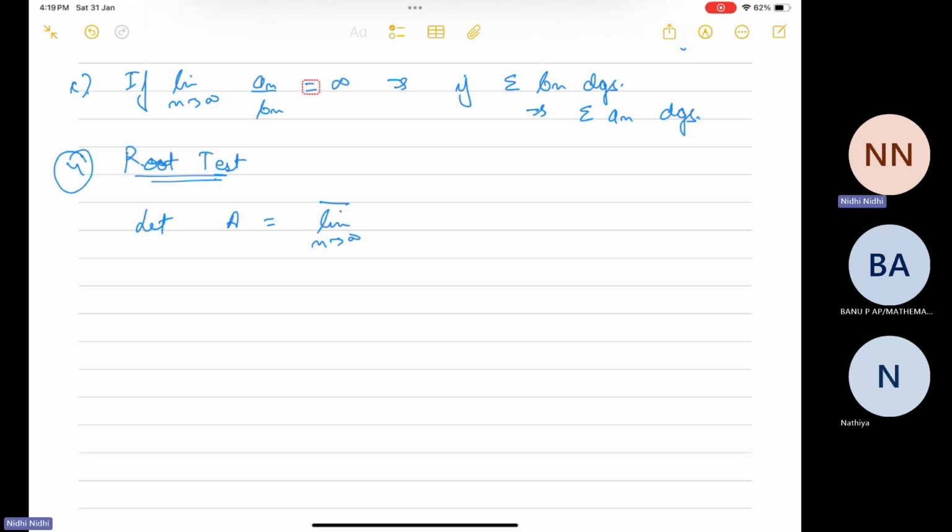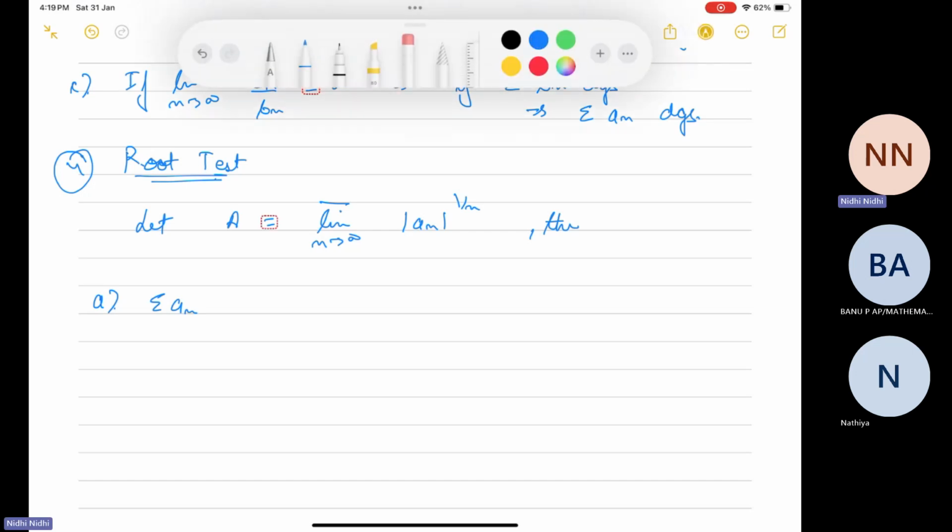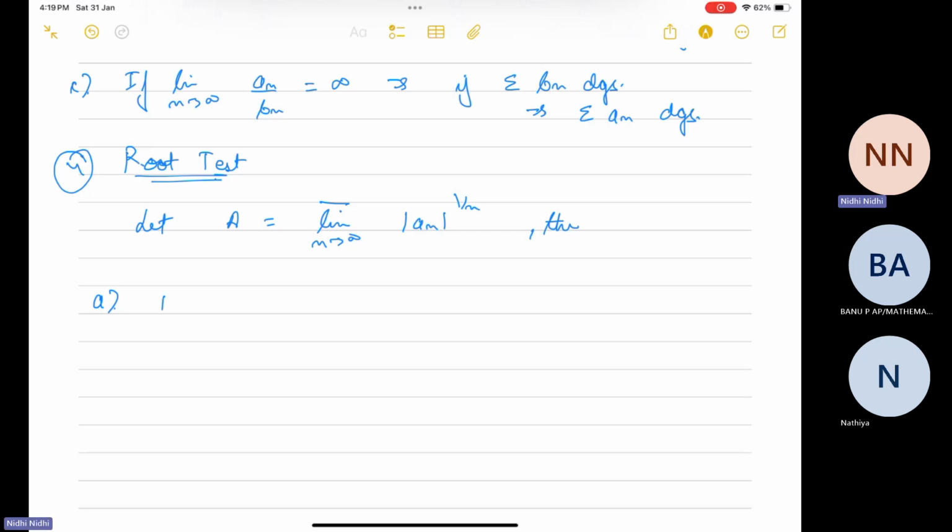If we take a to be limit superior of this sequence |a_n| to the power 1 by n, then firstly, if this a is strictly less than 1, then summation a_n converges absolutely.